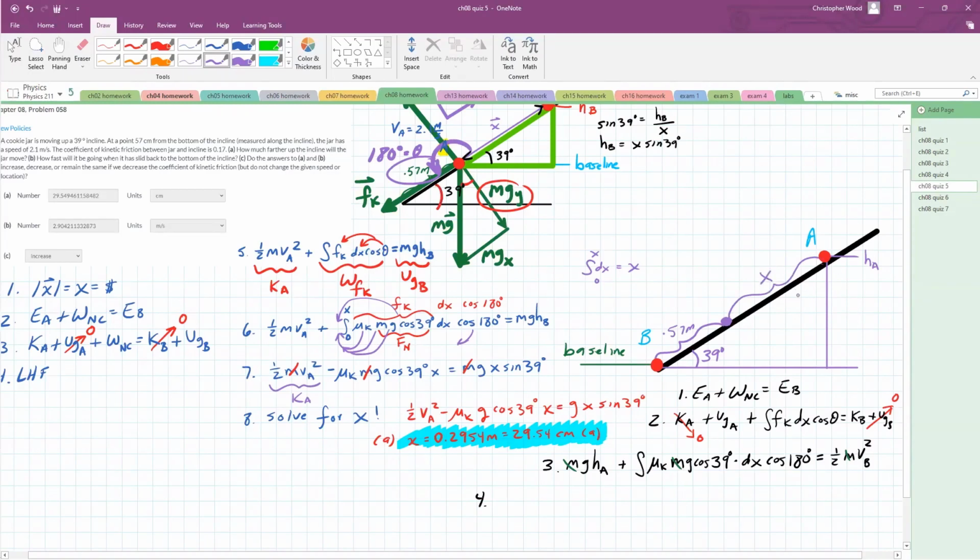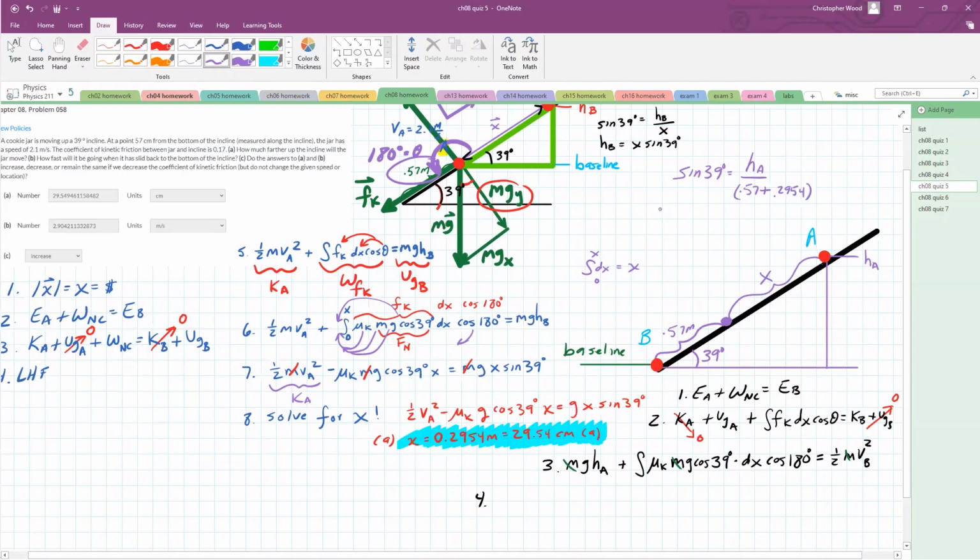Okay, so if I do trig here, sine of 39 degrees equals side opposite H_A all over 0.57 plus, for me, my number was 0.2954. And I'm going to just recall that from calculator memory.